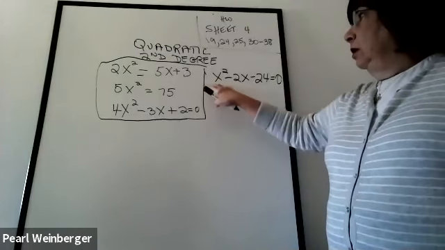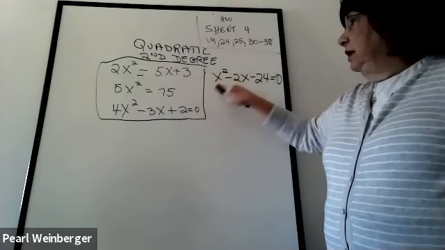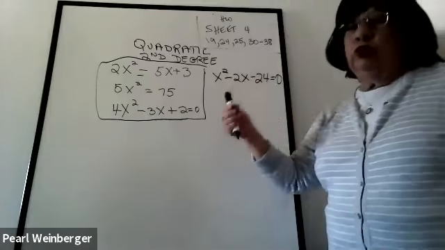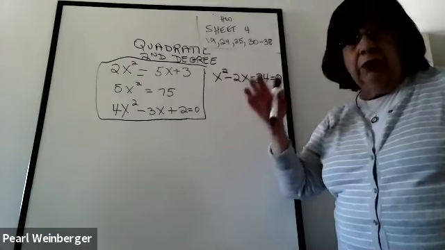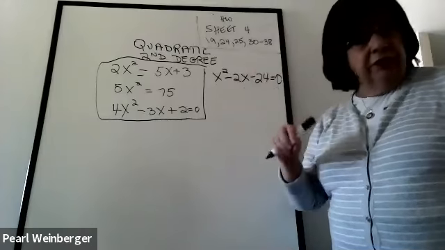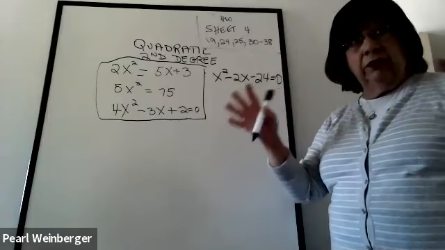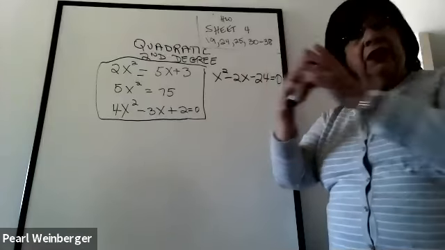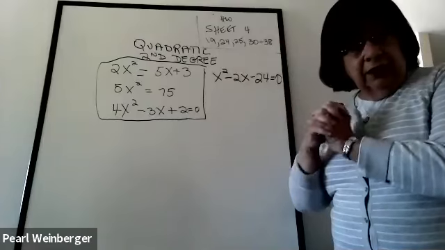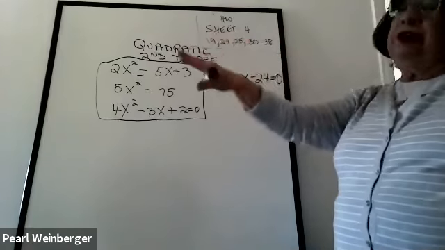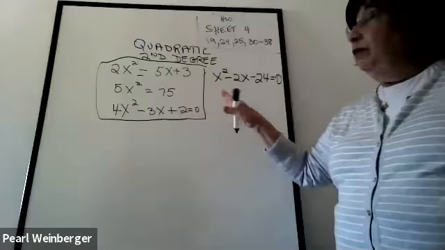Now, what we do with this is even if it isn't equal to 0, we make sure to make our example equal to 0. This is different than the way we solved regular linear equations, because in linear equations, we try to get the x's on one side and the numbers on the other side. When we're dealing with quadratic equations, we try to get everything to one side equaling 0.